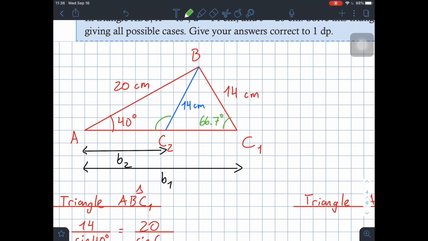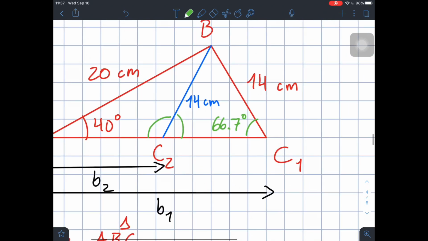Why? Because this triangle over here, C2BC1, is an isosceles triangle. Why? Because this side is 14 and this side is also 14. So if it is an isosceles triangle, it has two same sides, and by consequence, it will also have two same angles. This would be 66.7 degrees as well, right? Because it's an isosceles triangle.